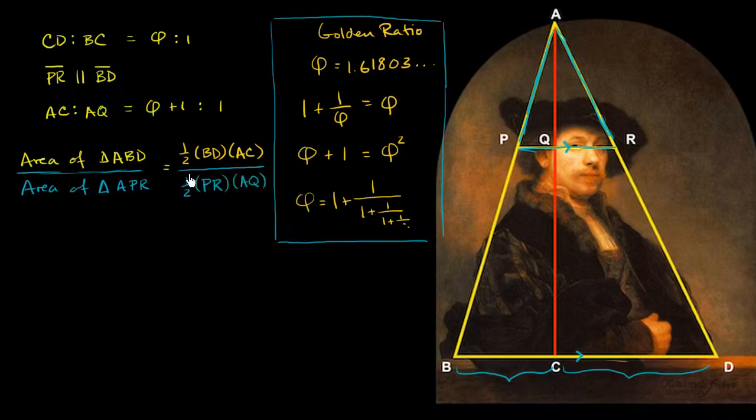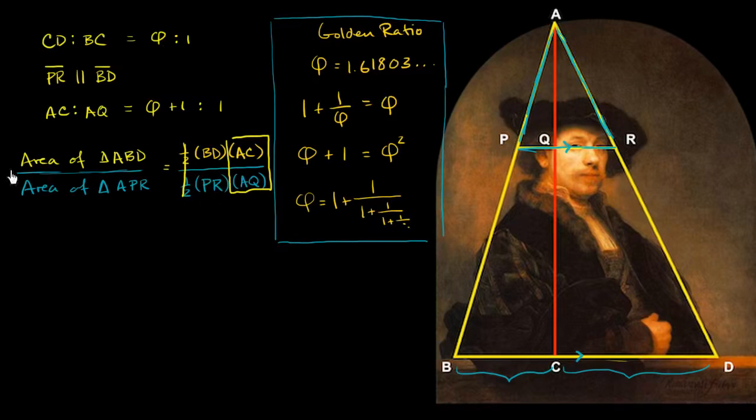So how can we simplify this a little bit? Well, we could divide the 1/2 by the 1/2. Those two cancel out. But what else do we know? Well, they gave us the ratio between AC and AQ. The ratio of AC to AQ right over here is 5 plus 1 to 1. So let me rewrite this.